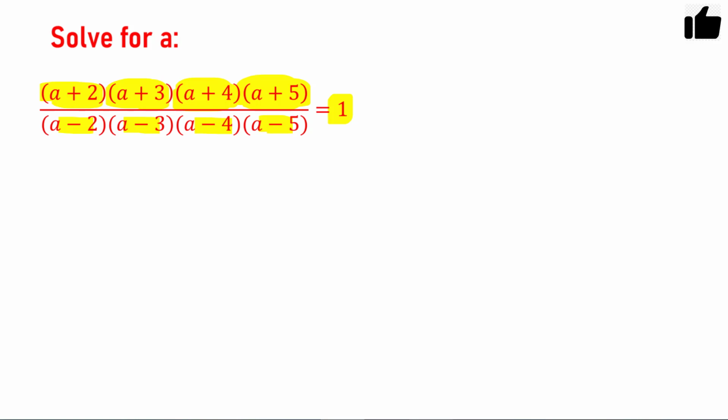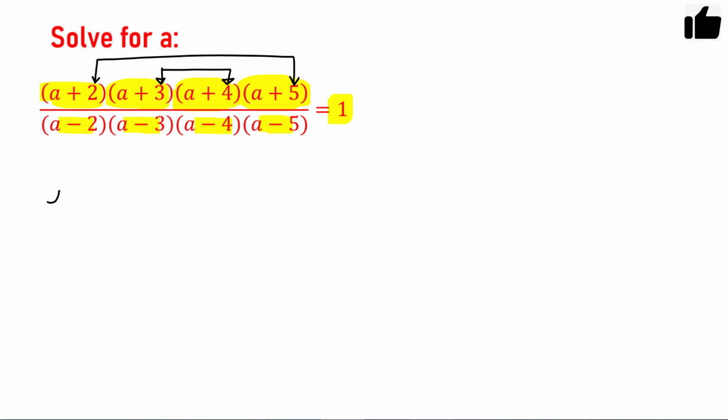If you look closely, you will see that this is 3 and this is 4. If you sum these two, this becomes 7. Similarly, here you have 5 and 2, and if you sum, this becomes 7. This suggests that we can keep these two terms together. So let us do that.